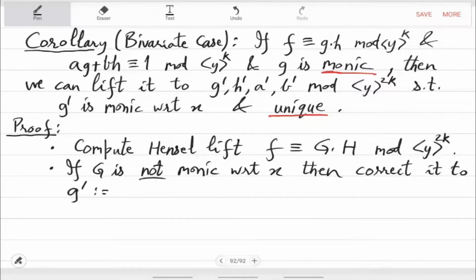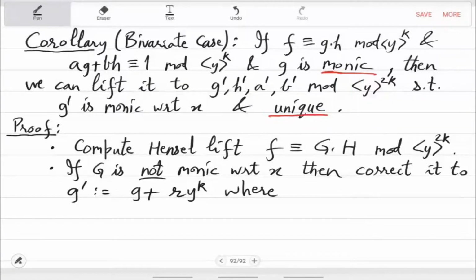To G prime, which will basically be, sorry, it's not immediately visible here. So we'll perturb G by R times y to the k, where R is given by big G in a very specific way.